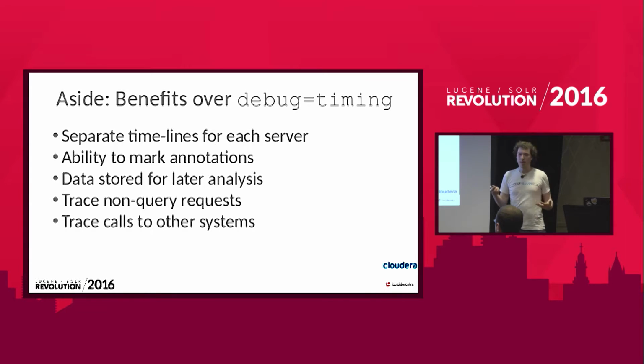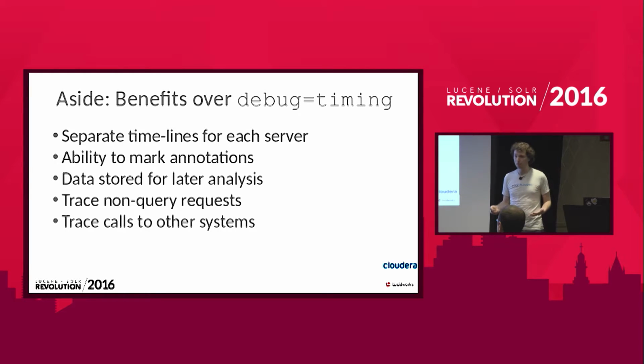That's maybe interesting. You can already do that with debug equals timing if you're aware that that's something you need to do. If you want to do trend analysis and you start saving this data, but that's on you then, and you have to manage how you're saving it.